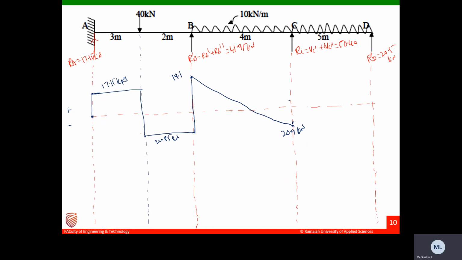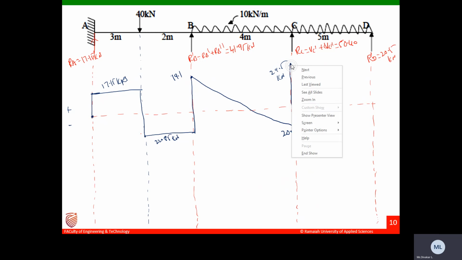Now minus 20.9 plus 50.4 is 29.5. So it comes somewhere here, 29.5 kilonewtons. Then 29.5 minus 10 into 5, that is 50.